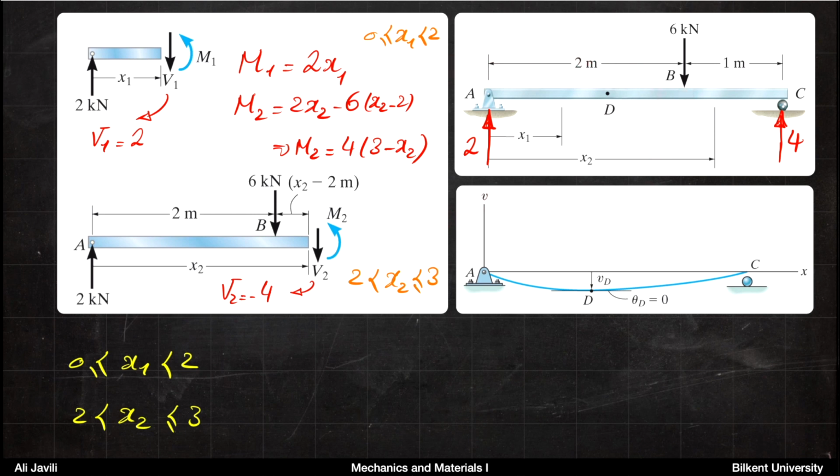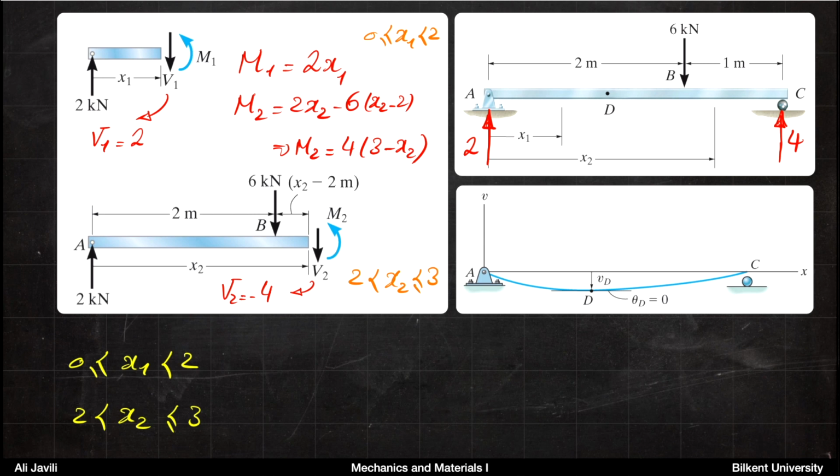Okay, so at that point itself, you don't expect a jump of the moment, you expect only a jump in the shear force. But then the moment equation itself, any point after that would be influenced by the contribution of the shear force. And you can also imagine that the shear force at any point here, we said it's 2 according to our convention, and then in the second portion, the shear force anywhere is minus 4.